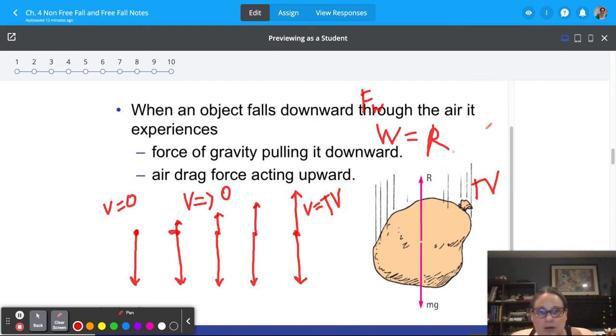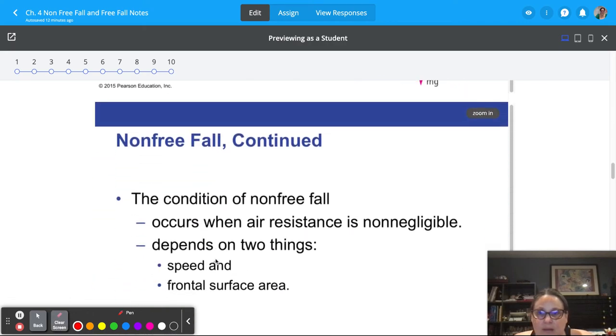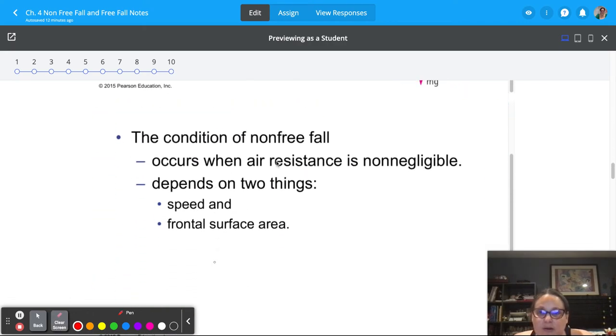All right, moving on to the next slide. The condition of non-free fall occurs when air resistance is non-negligible.